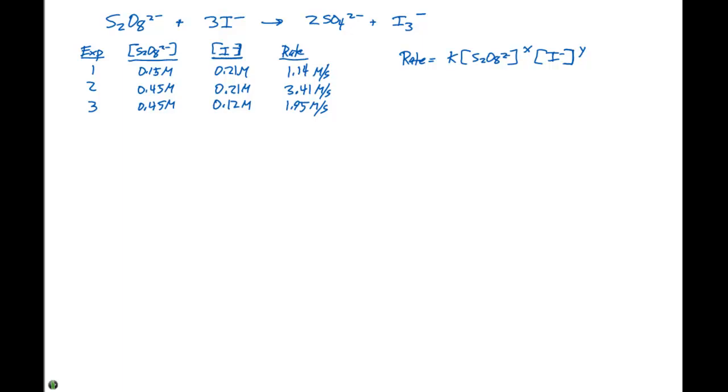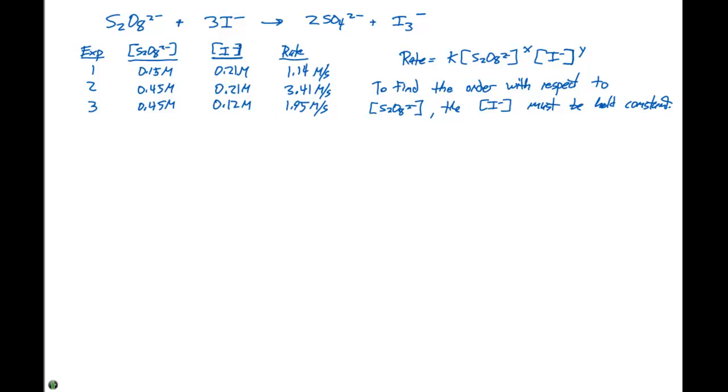It's designed that way because we can say that to find the order with respect to S2O8 2-, the I- must be held constant, and the concentration of S2O8 2- must change.